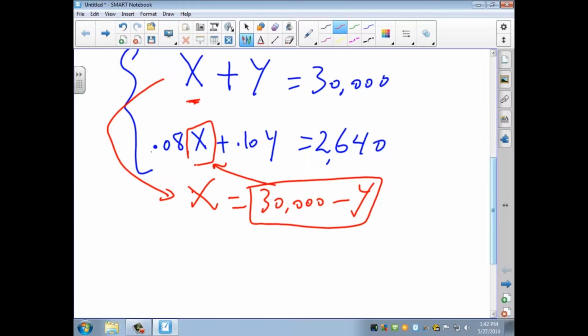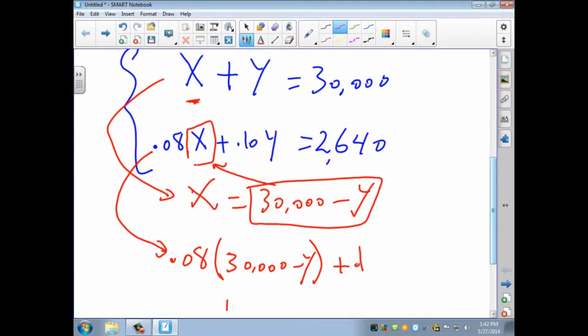So the second equation now would read 0.08 times, in place of X, you put 30,000 minus Y, then you have plus 0.10 Y equals 2,640.